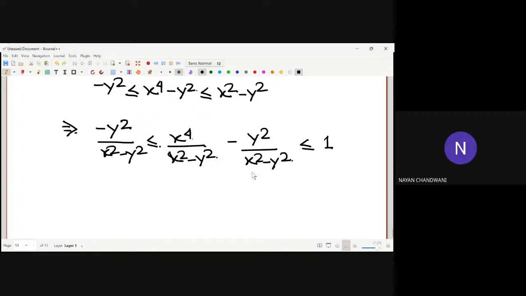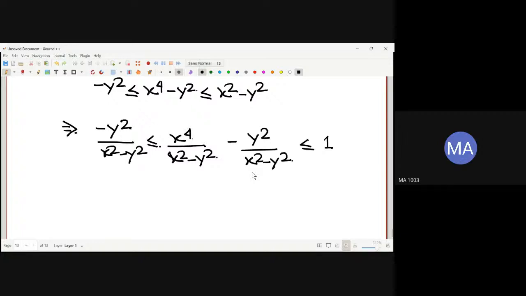Sorry, I thought it was x to the power 4 minus y to the power 4. Right?